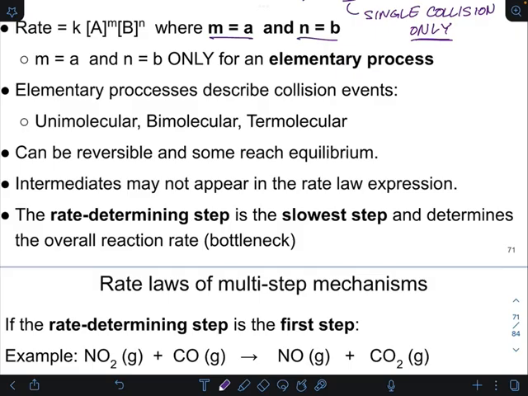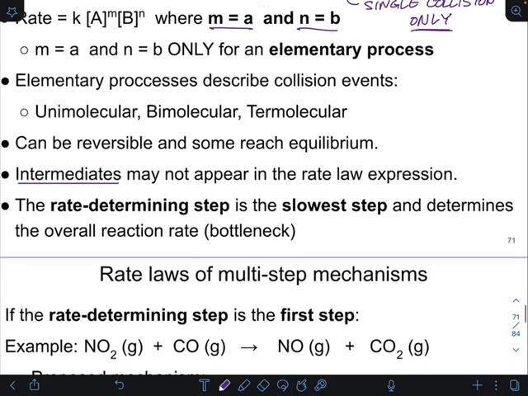There's something called an intermediate, which is something that appears and then disappears.